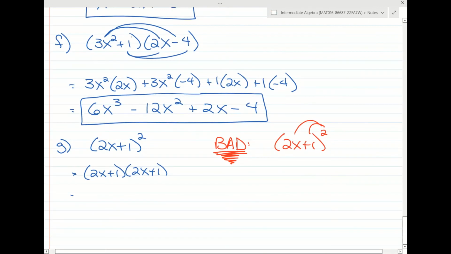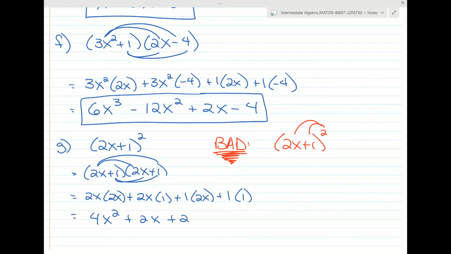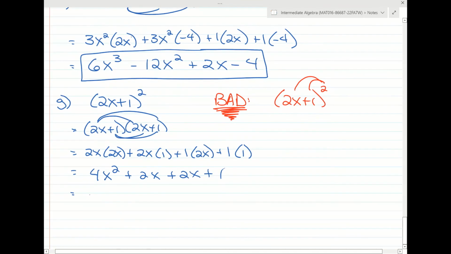And then it's the same as all the other problems. 2x times 2x plus 2x times 1 plus 1 times 2x, and then 1 times 1, which is 4x squared plus 2x plus 2x plus 1, or 4x squared plus 4x plus 1.